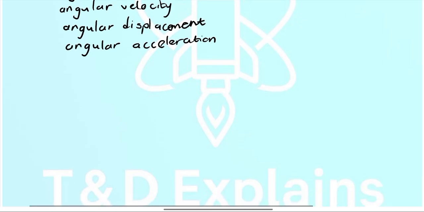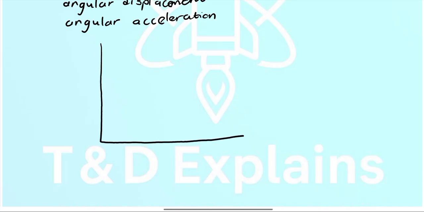So let's move on. Suppose you have an object that is moving along a circle of radius r. I'll just draw something like this, whereby this is my y-axis, this is my x-axis.